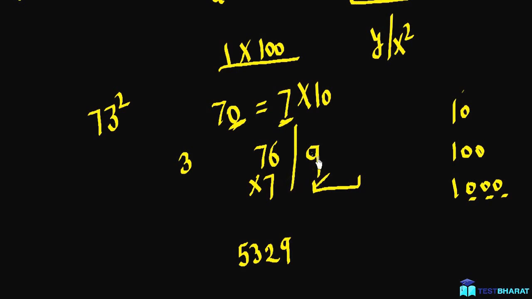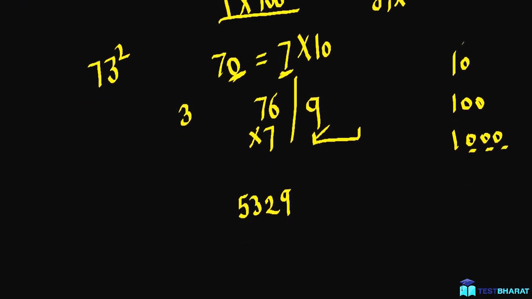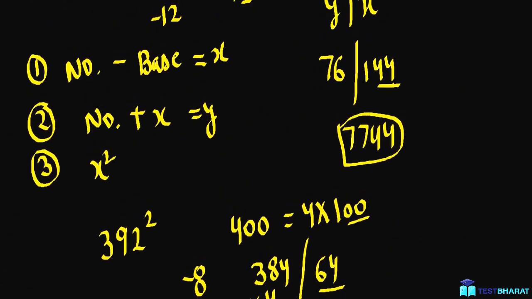And in the next step, we see what number I have multiplied my standard base with. If I have multiplied it with 7, I just multiply with 7, nothing more than that. And we have to follow these 3 steps: first find number minus base, that is x, and then add x to the number, which will give me y. That's it.